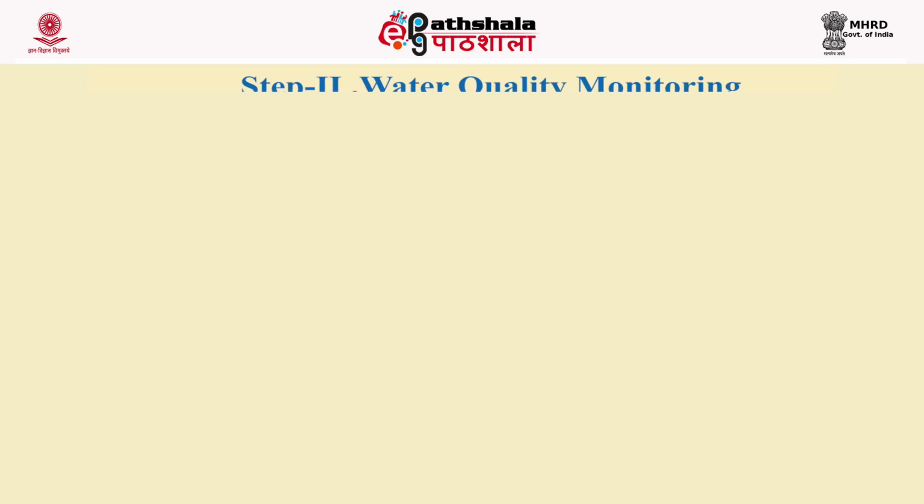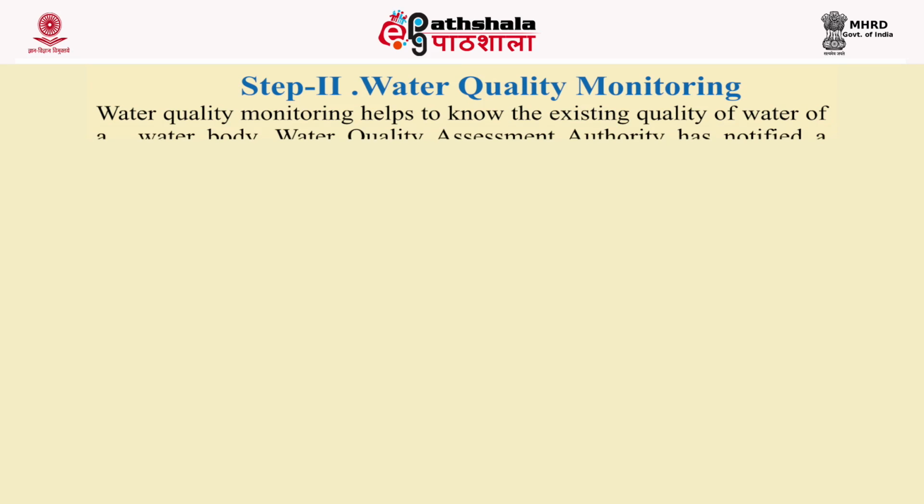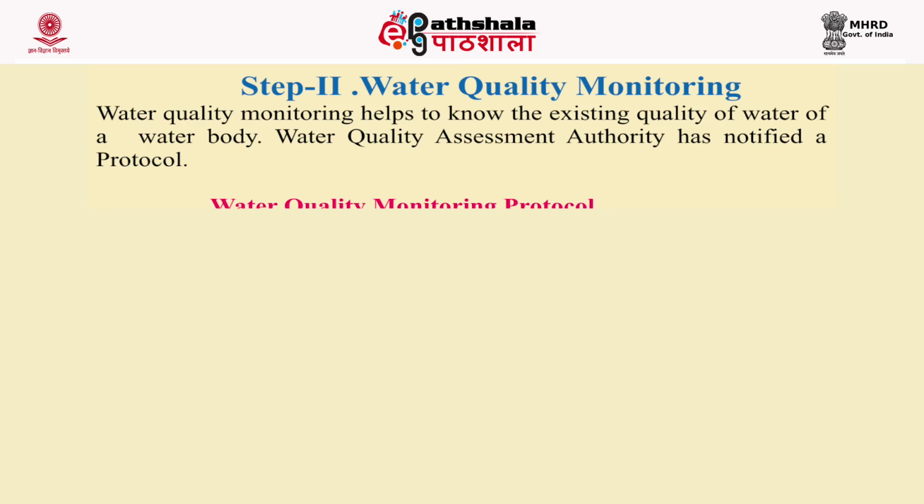Now the second step is water quality monitoring. Water quality monitoring helps to know the existing quality of water of a water body. Water Quality Assessment Authority has notified a protocol for this. The protocol includes objectives.